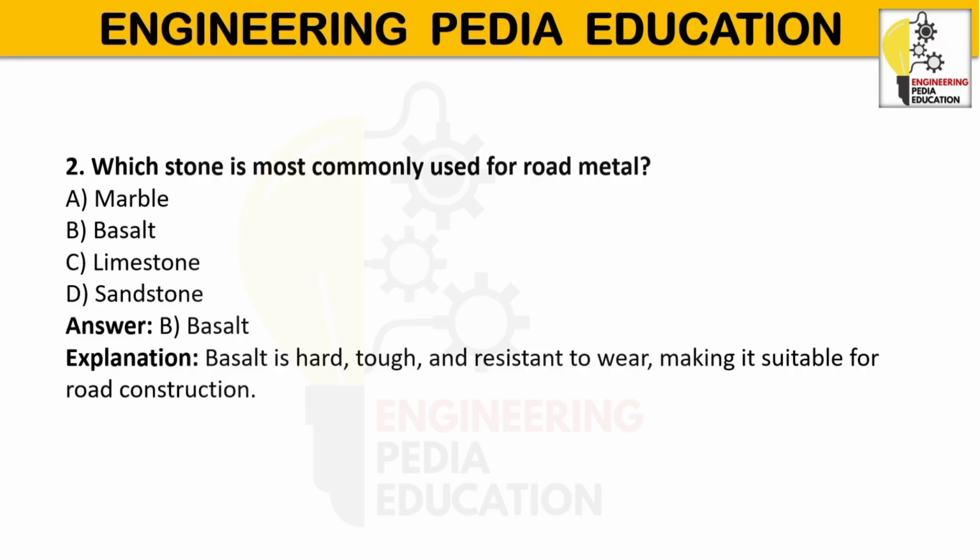Its color is dark gray to black, rich in iron and magnesium. Texture is fine-grained, strength is hard and durable, and in India it occurs in the Deccan Trap, mainly composed of basalt. It is also used as railway ballast, concrete aggregate, and building stone.